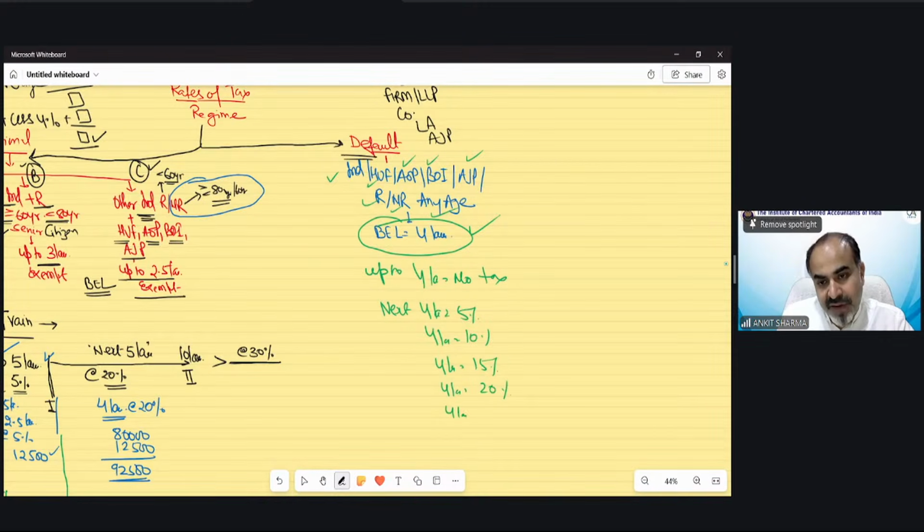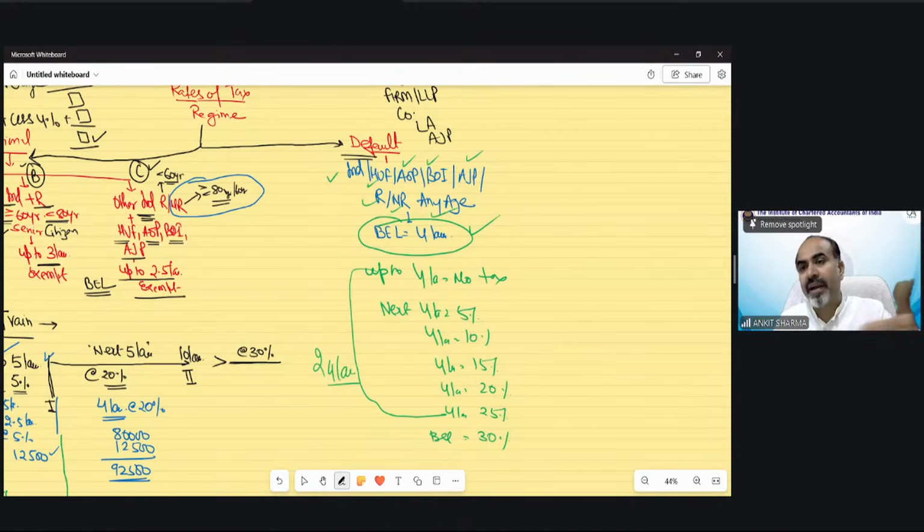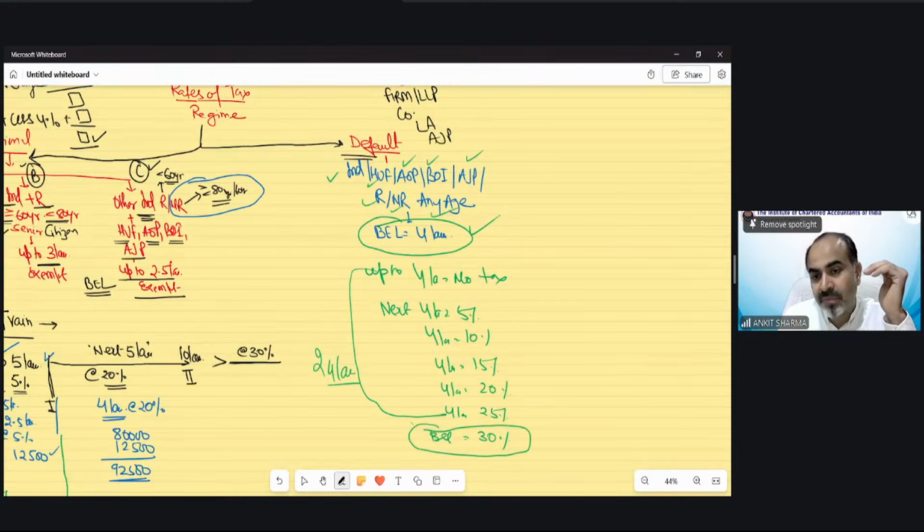Then for the next 4 lakh, the rate is 25%. And the balance, the rate is 30%. So that means up to 24 lakh, the slab rate changes on every 4 lakh. And after 24 lakh rupees, on the balance income, the taxability would be at the rate of 30% directly.